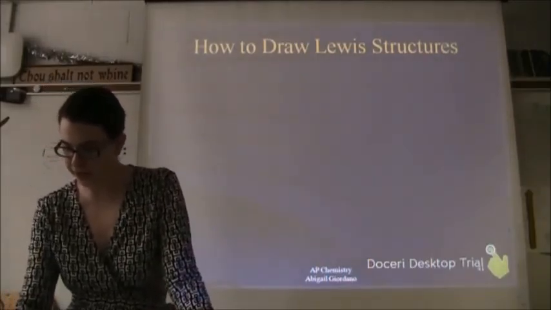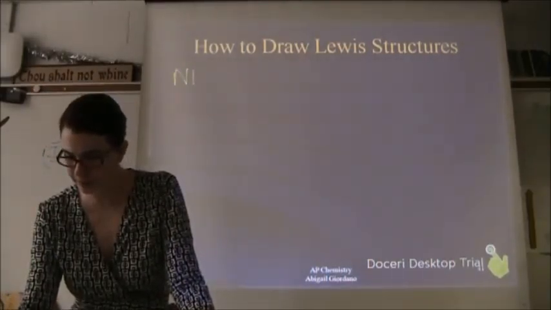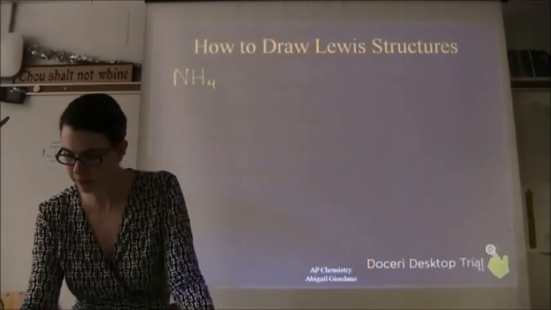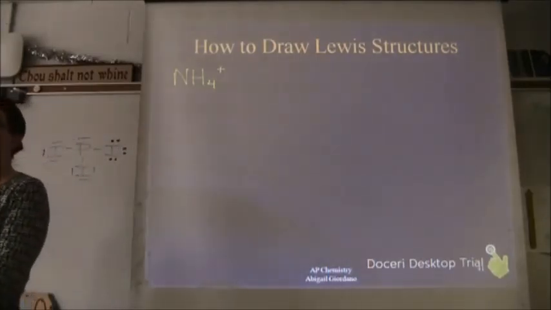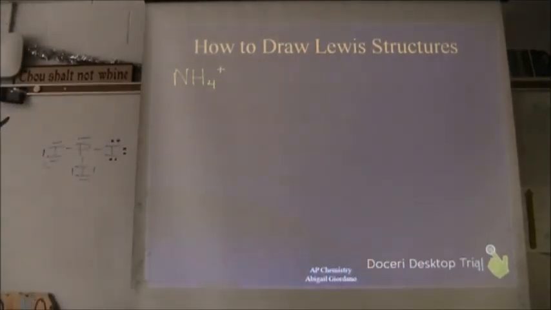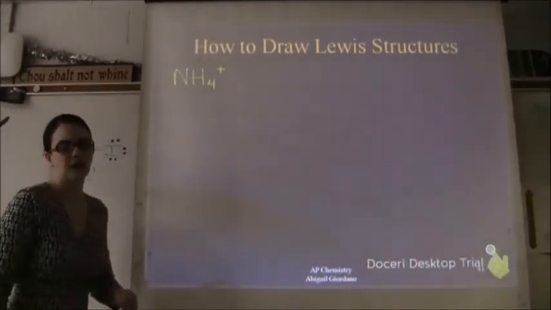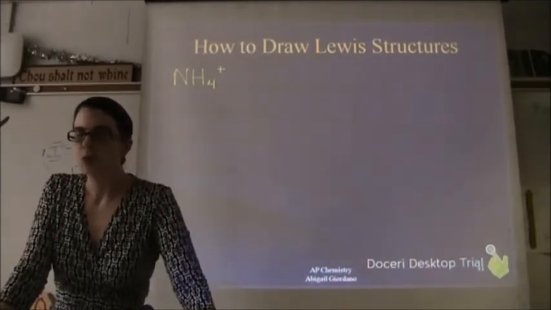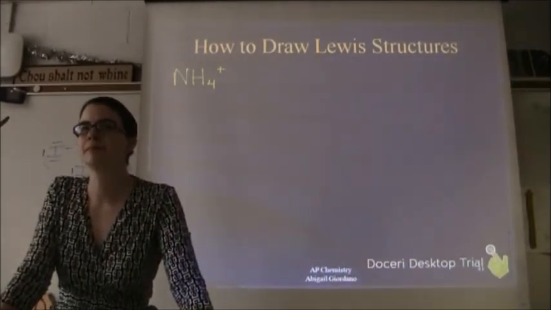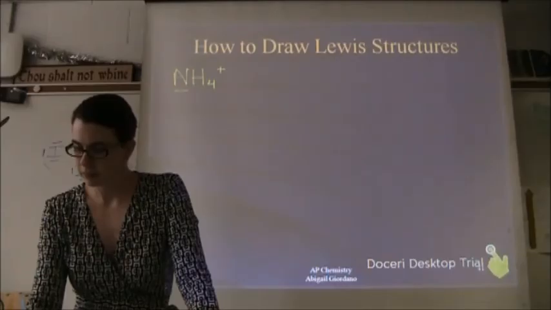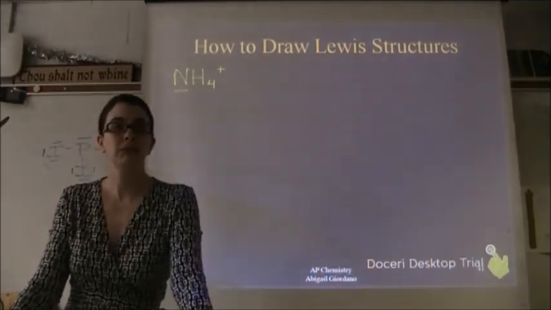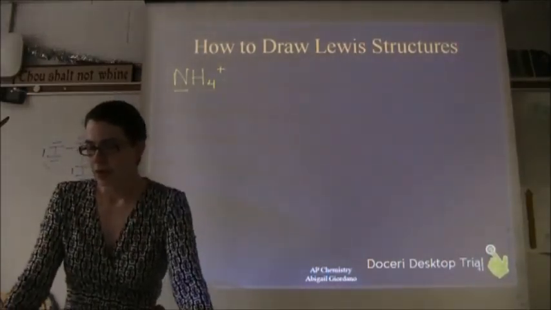Let's do this one. This is a quick one. What's the name of that polyatomic ion? What was the ending? Ah, thank you, ammonium. Okay. What's my central atom? Could it be hydrogen? No, it couldn't. Okay.